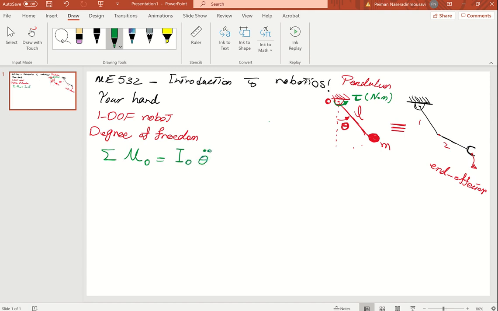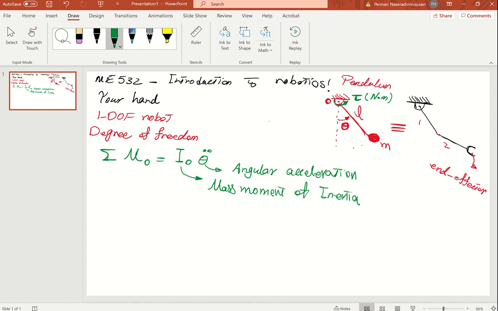So for refreshing your mind, theta double dot is angular acceleration that you know from ME220, which is dynamics. This is the mass moment of inertia.